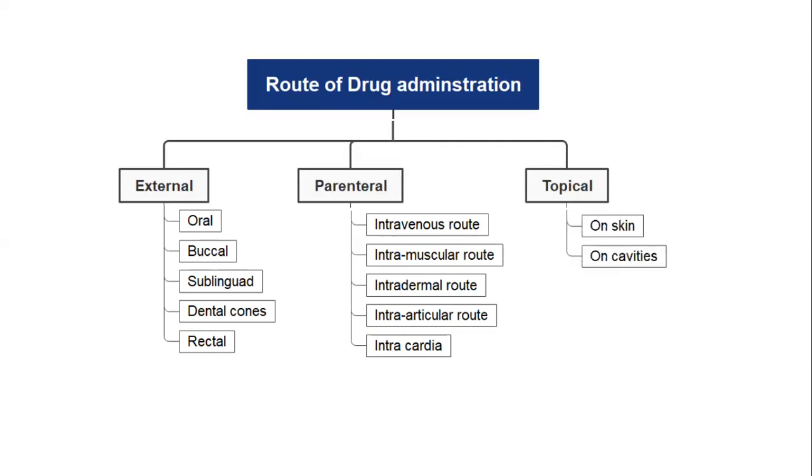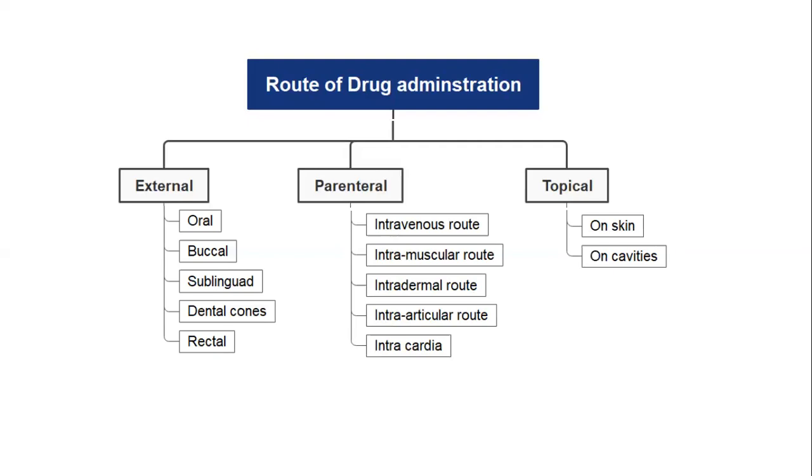So next one is topical route. You can give administration to that localized part of the body, either on the surface or inside the cavities. So in that way, topical route can be on the skin or inside the cavities. Okay, so like this you have varieties of routes of drug administration.